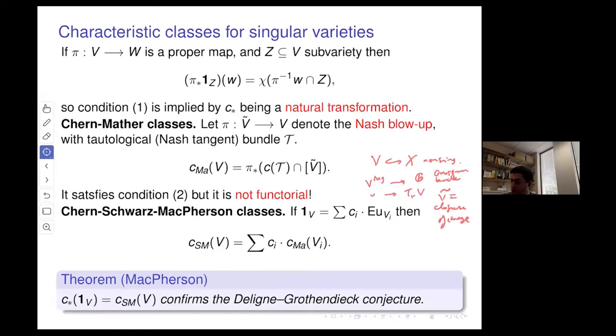Okay, so these Euler obstruction functions were used to prove the Deligne-Grothendieck conjecture.